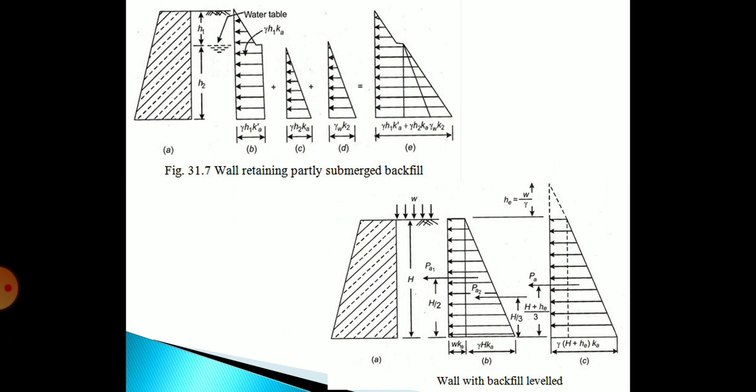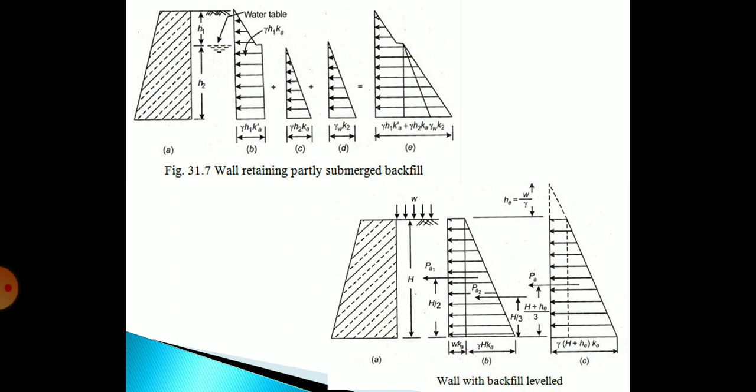And third is diagram D. It indicates the pressure distribution diagram due to water. The base of that pressure distribution diagram will be gamma W into H2. So this is the equivalent pressure distribution diagram, which is denoted by E.